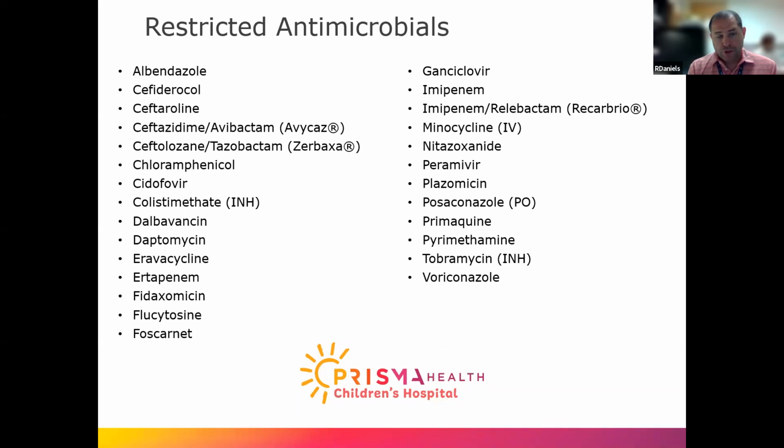These are what are restricted throughout the system, both peds and adult. A lot of these are not things that we use, but they are restricted. So these are something that you would have to talk to us and get approval for. Basically, these are what we would consider our targeted drugs with a little more restriction.